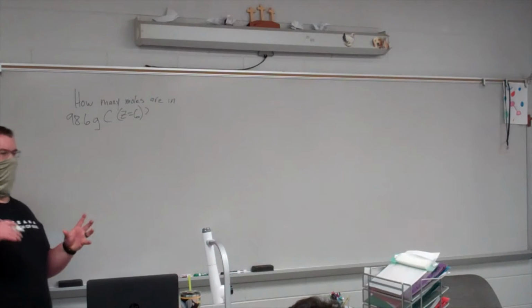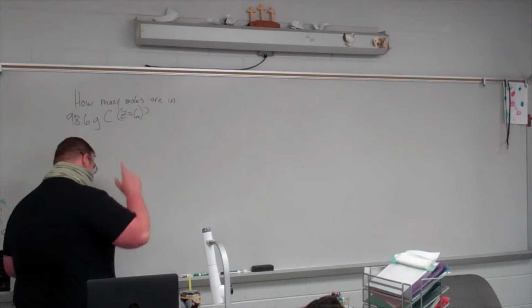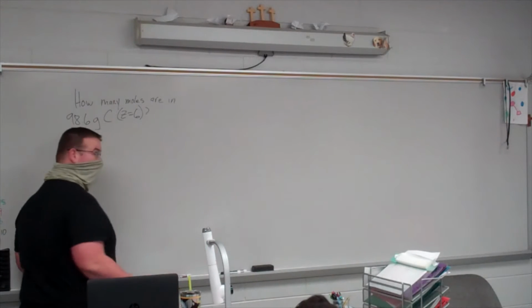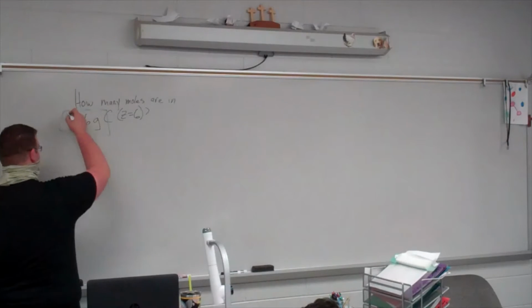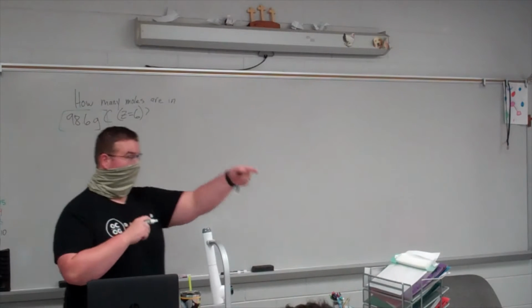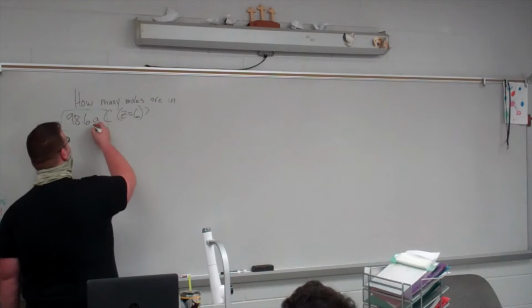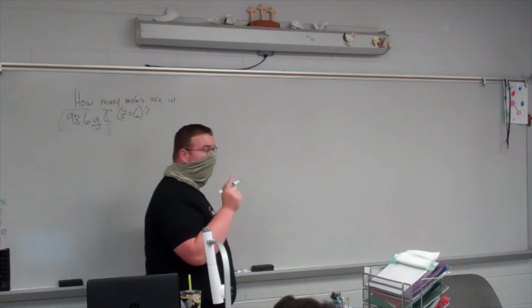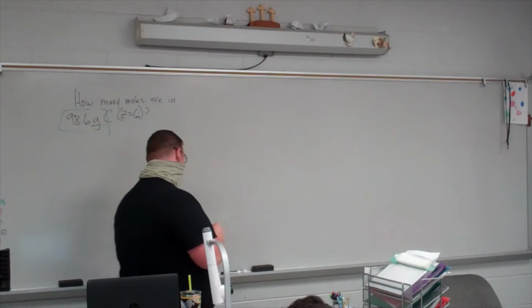Whenever you're doing a mole conversion, formulate your plan. We start by the number. So here's the number, starting at grams, 98.6. Start with grams, because grams is a unit of mass. So we are starting at mass. Now find where we're trying to go to.